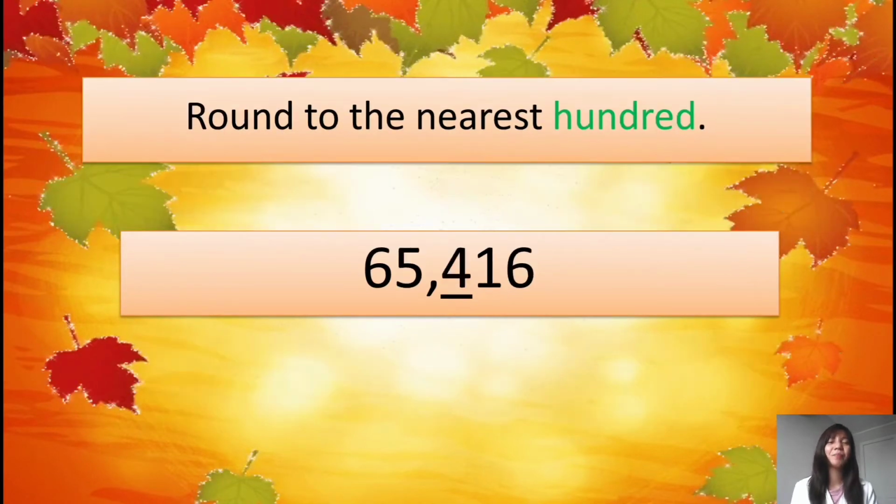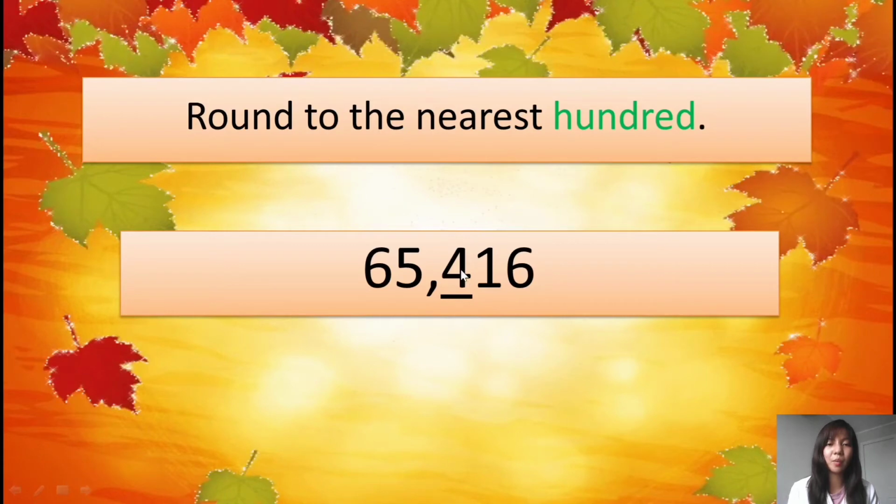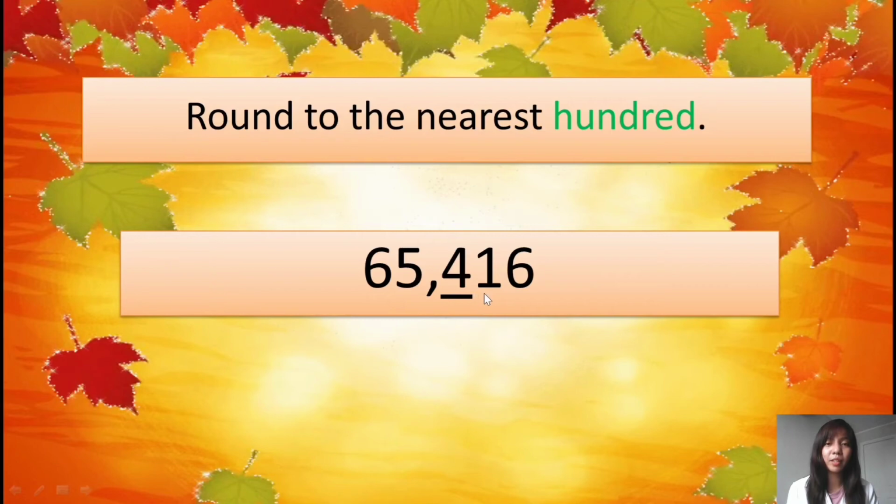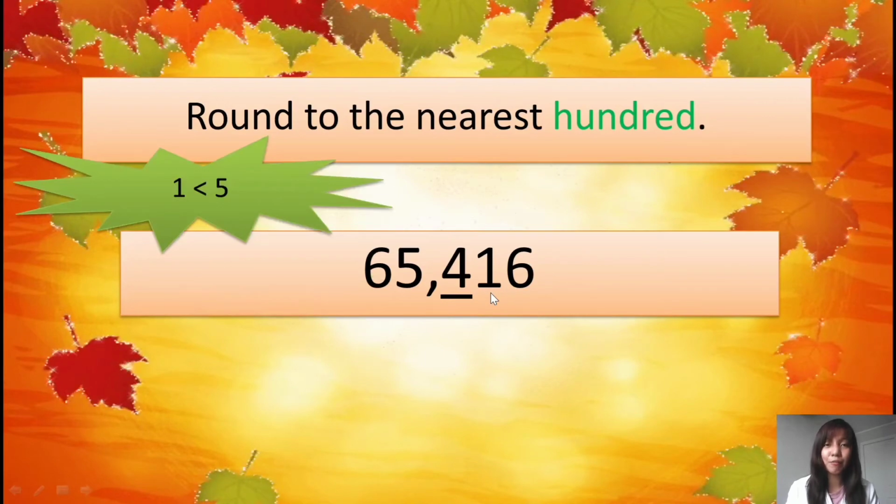Alright, next, round to the nearest 100. So we have to round the numbers off by this underlined number, so 4. So we have the given number 65,416. So again, take a look at the next number. Look next door. Okay, so 1. 1 is less than 5.